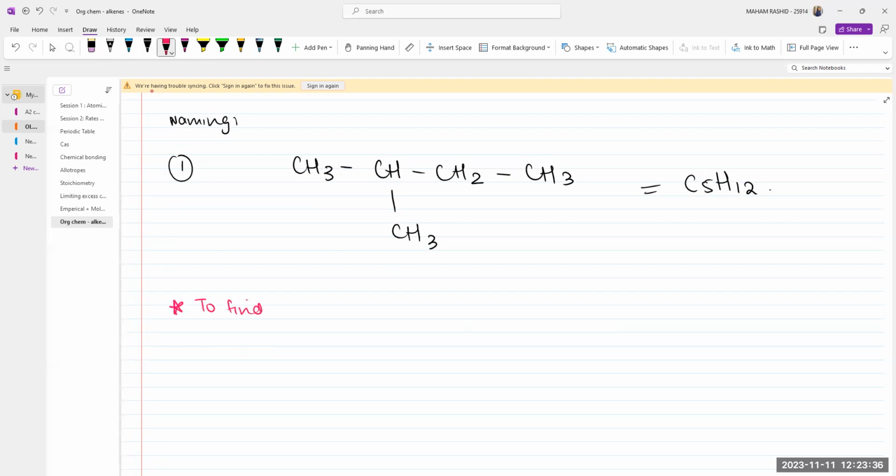So the first step is to find the longest carbon chain. What's your longest carbon chain here? Your carbon chain here could be this, it could be this, or it could be this, right? So you have three possibilities, but which one is the longest carbon chain? It could be this one: one, two, three, four carbons here.